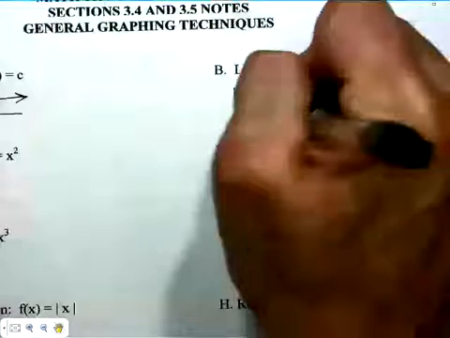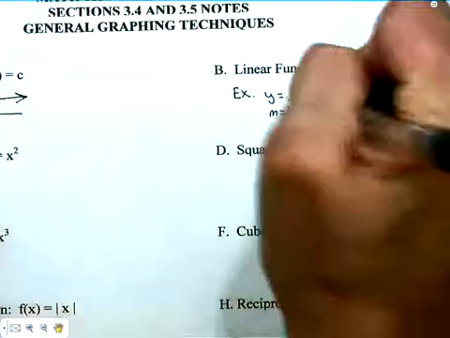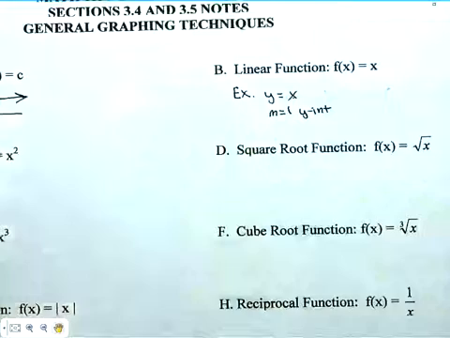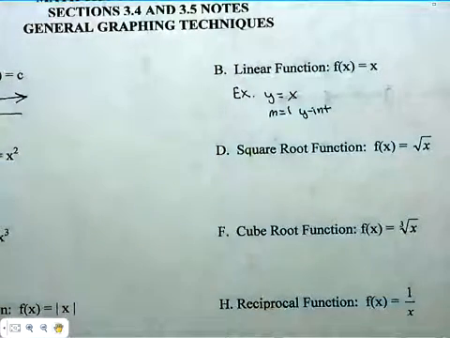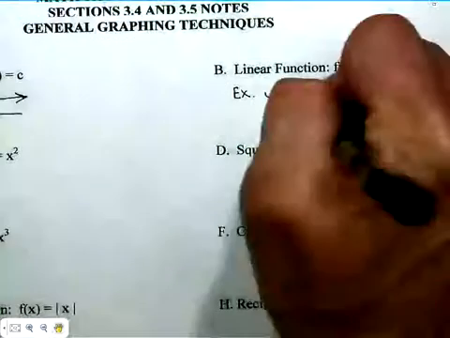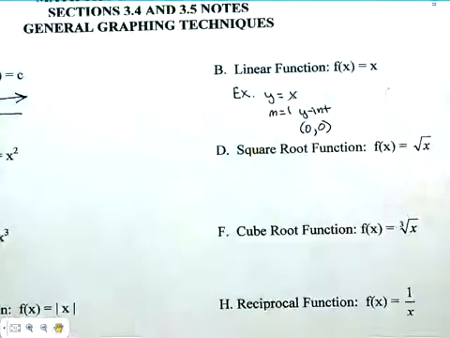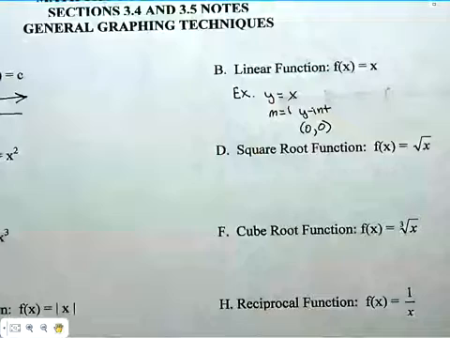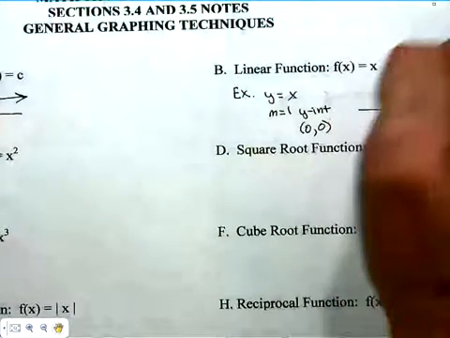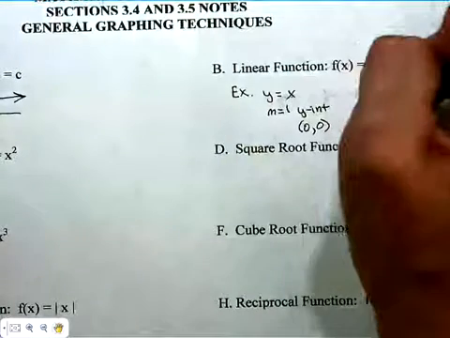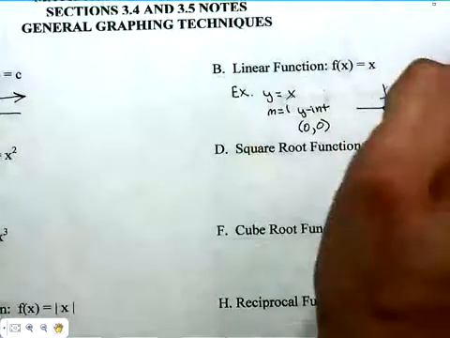And the y-intercept is, there is no constant on the end. You could put a plus 0 if you wanted to. So the y-intercept is the origin. To graph that line, just start at the origin and count up 1 over 1. And there's the line.